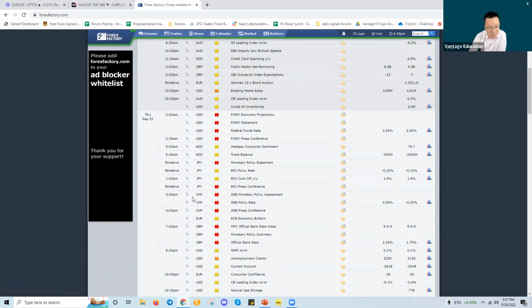The US is looking at increasing interest rates from 2.5 to 3.25%. We have the Bank of Japan with their policy statement. We have the Swiss National Bank looking to increase rates from minus 0.25 to 0.5%. And the Bank of England with another increase, from 1.75 to 2.25%.